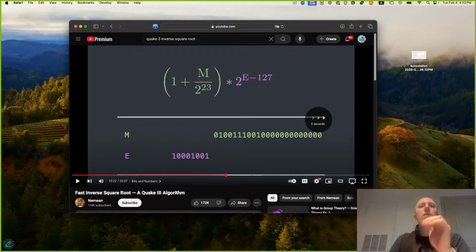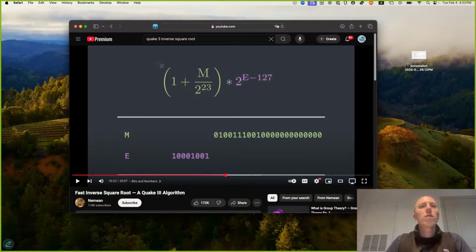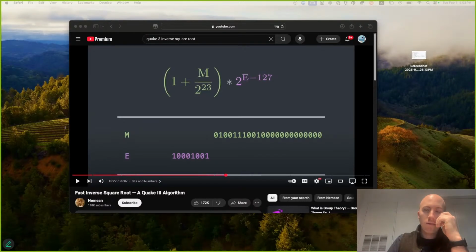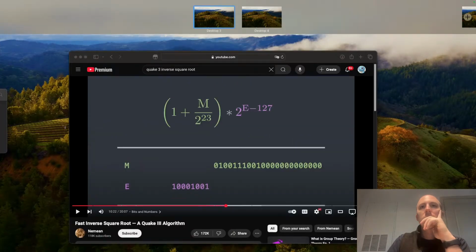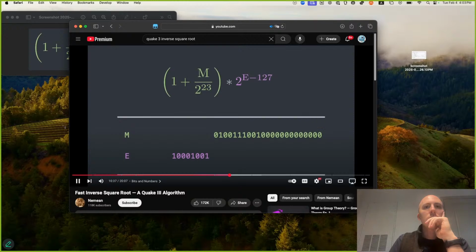So basically we started off with this. So the creators here, we take the logarithm base.